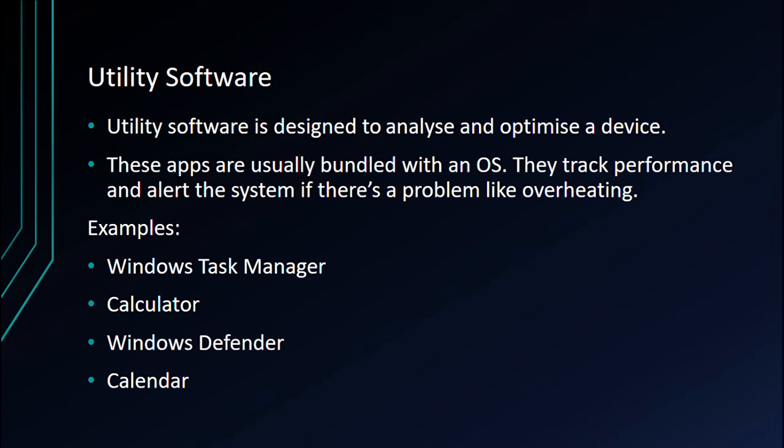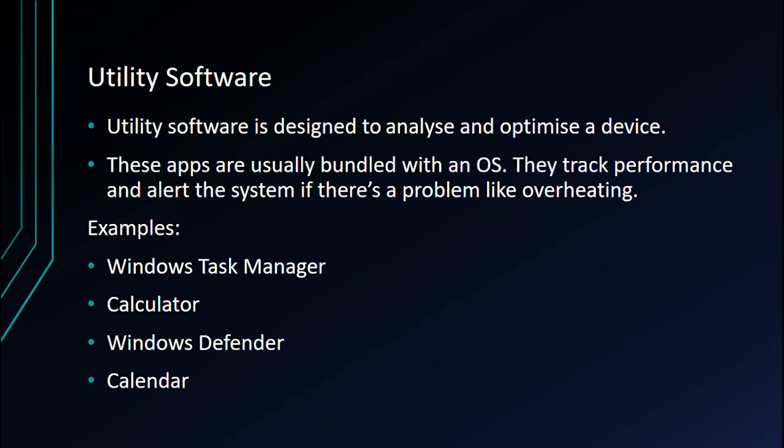Next is, and lastly, in our software category is utility software. Okay, so utility is designed to analyze and optimize a device. These apps are usually bundled with an OS. They track performance and alert the system if there are problems like overheating. Okay, so utility softwares are utility attached sa ating mga software sa ating mga computer.